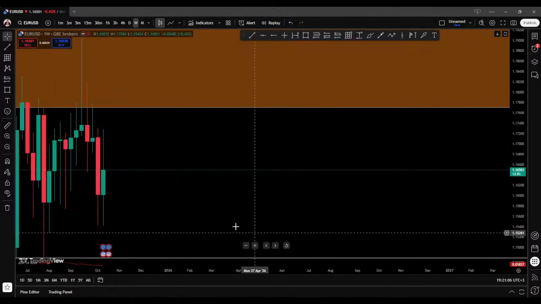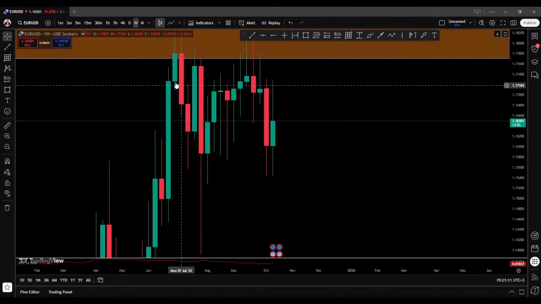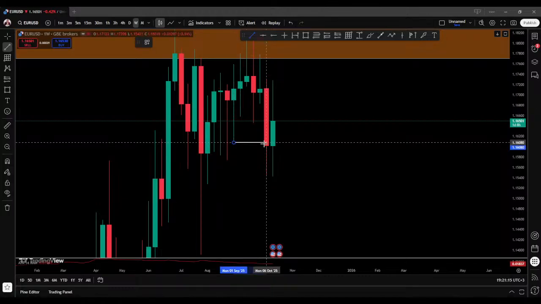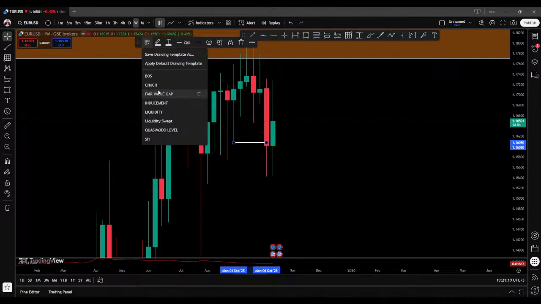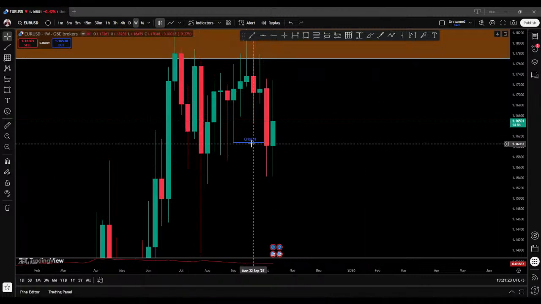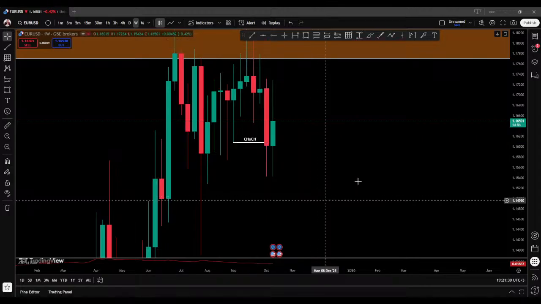But if you come here, you can see that there was a break of market structure here. And this should actually be a change of character, because that tells you that we are no longer buying, we are supposed to be selling.